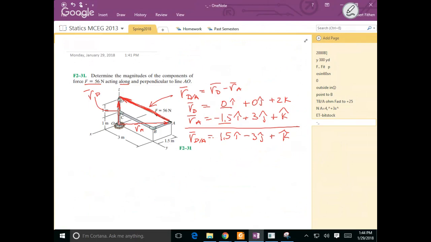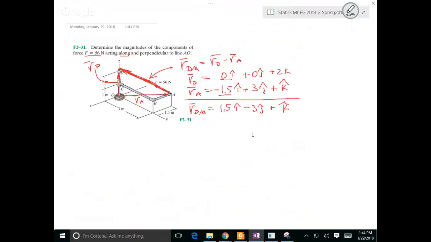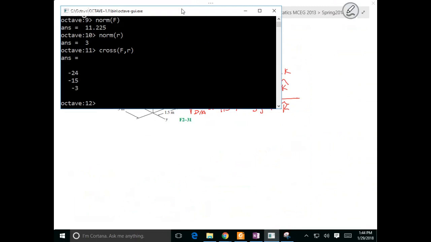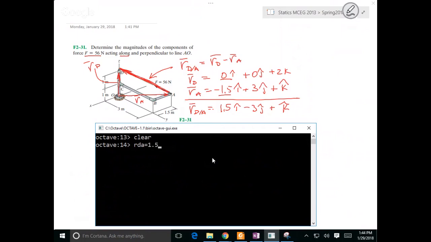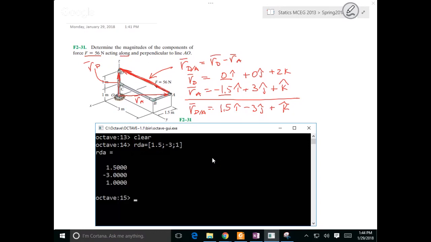Now I'm going to use a crutch. That crutch is called MATLAB, Octave, whatever you want to call it. So I'm going to clear everything. Then I'm going to call it RDA equals, oops, got to put the brackets, 1.5, minus 3, and 1.